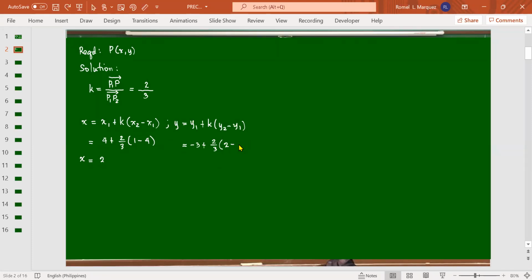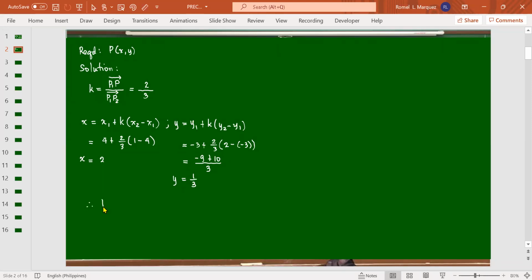Okay, guys? So simplifying, we have negative 3 times 3, that is negative 9, plus 2 times 5, that is 10, no? All over 3. Am I right, children? And that is 1/3.